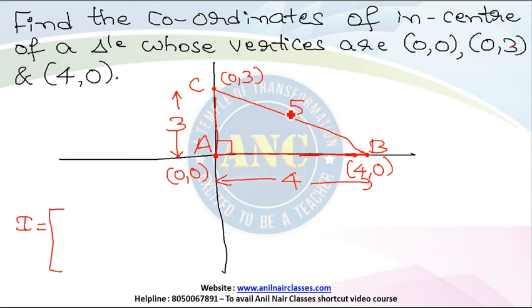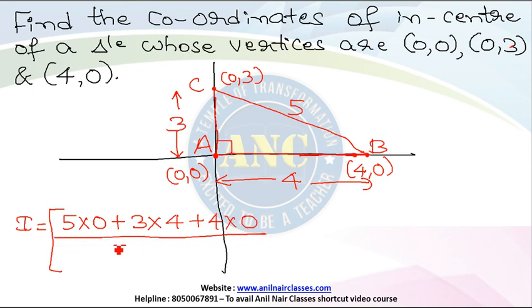That means, can I say that ax1 plus bx2, first of all, this is x1 y1, ax1, a is 5 x1 plus x2 y2, bx2, b is 3 into x2. What is x2 value? 4, right? x2 value is 4 plus cx3. x3 value is how much again? 0. 4 into 0 divided by a plus b plus c. It is 5 plus 3 plus 4, right?